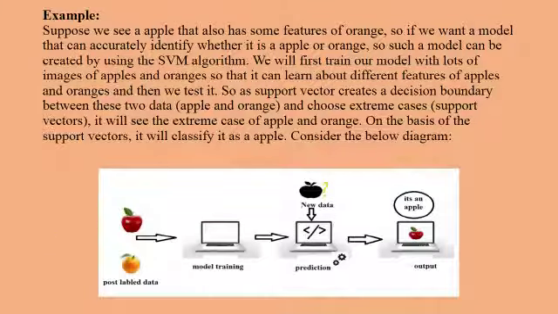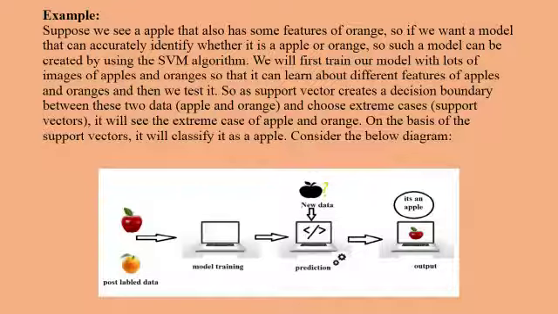Let's take up an example. Suppose when we see an apple that has some features of an orange, we need a machine or model which identifies whether it is an apple or orange. This is possible with the help of the SVM algorithm. First, we have to train the machine with images of apple and orange, so that the machine learns the features of both.